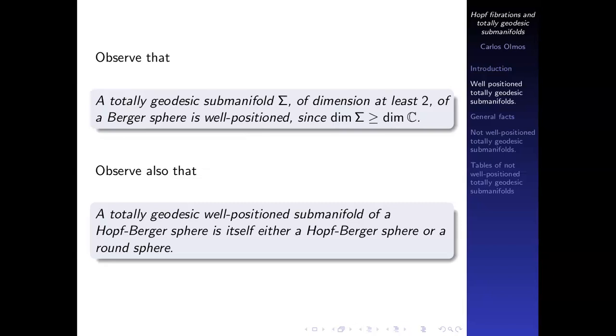It could be a round sphere in this case, because we call it Hopf-Berger sphere when tau is different from 1. So totally geodesic well-positioned submanifolds of a Hopf-Berger sphere are either Hopf-Berger spheres or round spheres.